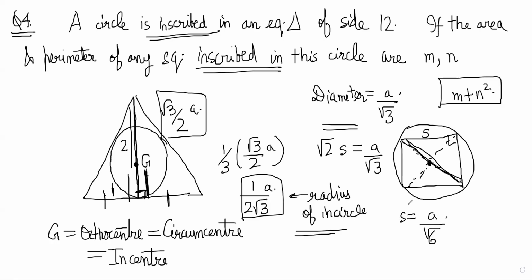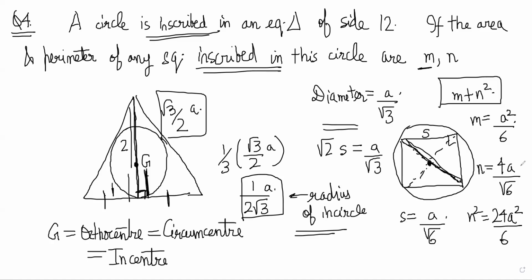If this is the side of the square, the area of the square, m, is going to be a square by 6, right? And the perimeter of the square, n, will be 4a by root 6. So n square is what? It is 24a square by 6, right? Correct.